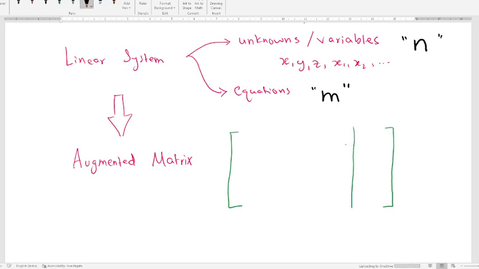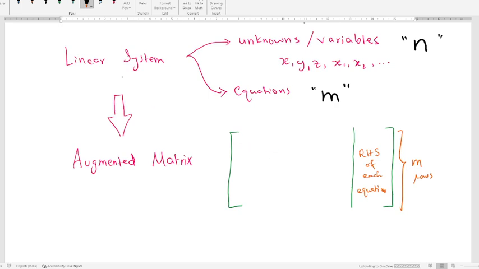So this last column is the right hand side, the RHS of each equation. Each of the equations has some numbers, and those numbers are all written here. So there are a total of m such numbers, so the number of rows will be m.